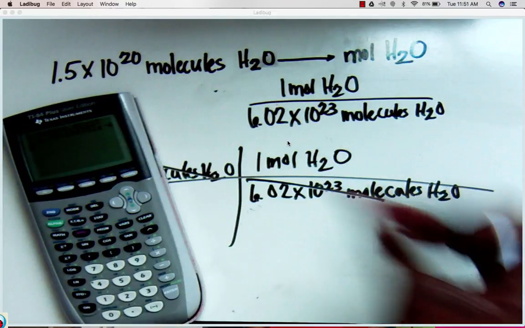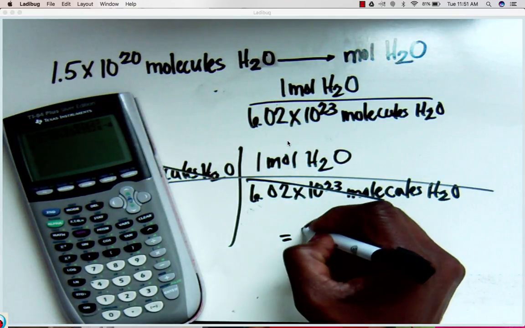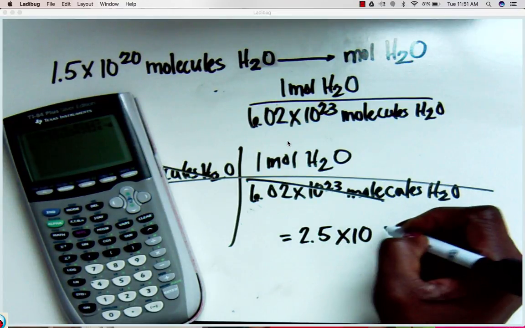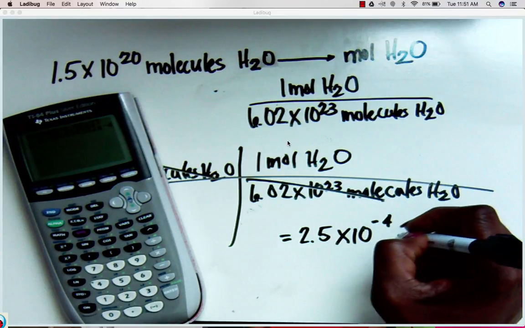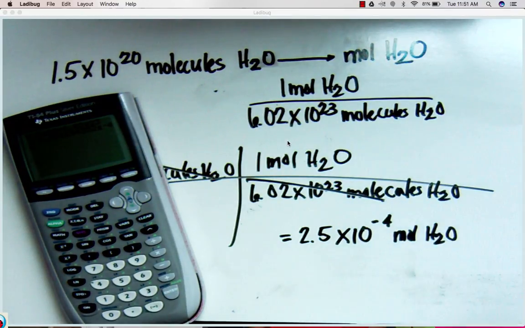You will write your answer as such. Let me write it down here because I ran out of space. 2.5 times 10 to the negative 4 moles of water. And that is your final answer.